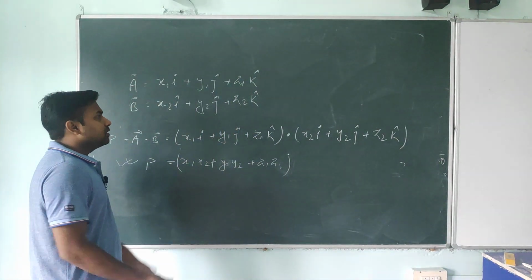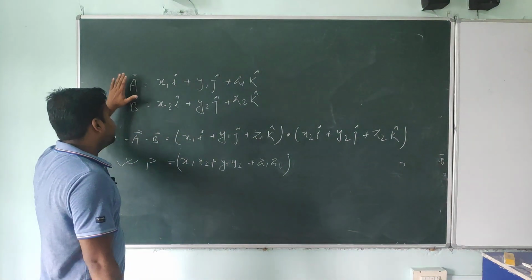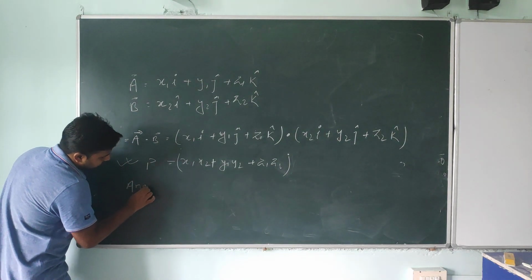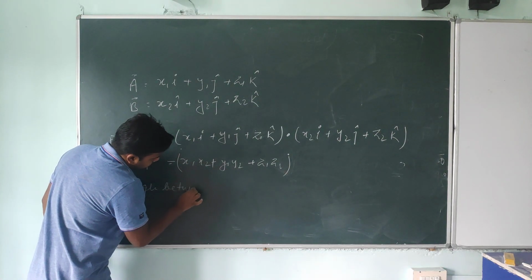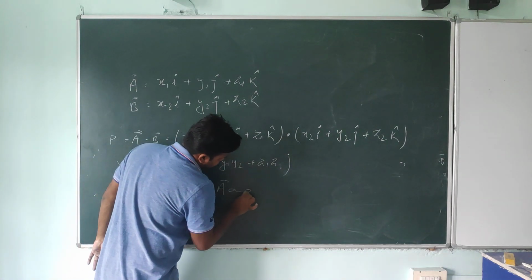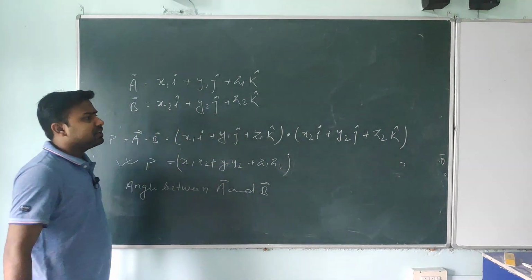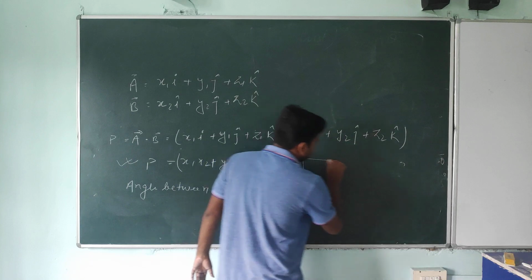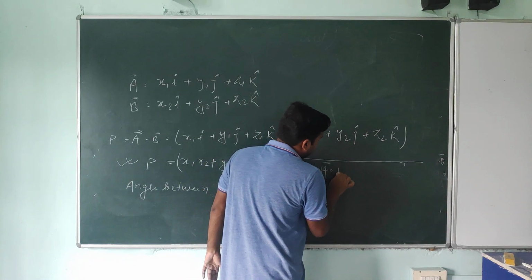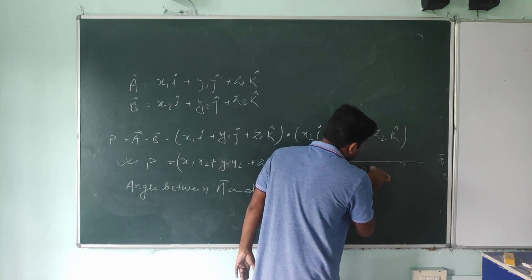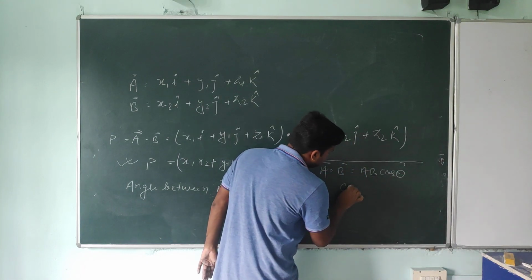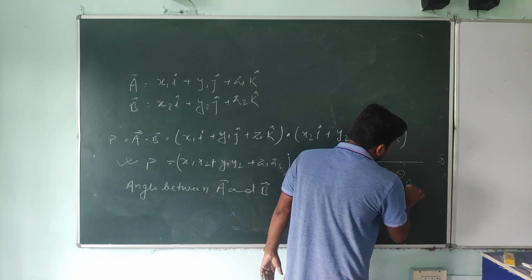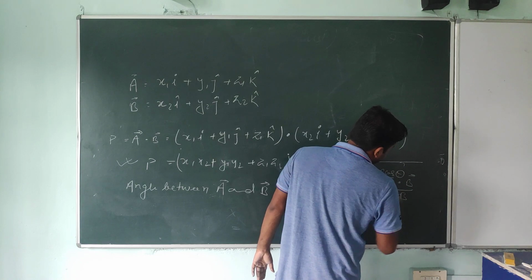Now here also you will get questions where you have to find the angle between two vectors. Like if anybody tells you to find the angle between a and b, how to find the angle between a and b? Look at this. We know this concept, a dot b equals ab cos theta, or I already told you the formula, cos theta equals a vector dot b vector divided by ab.